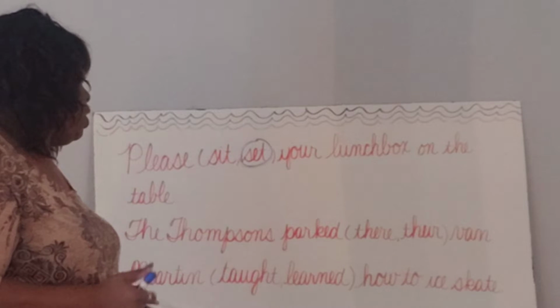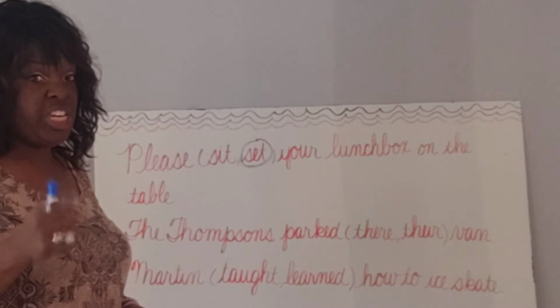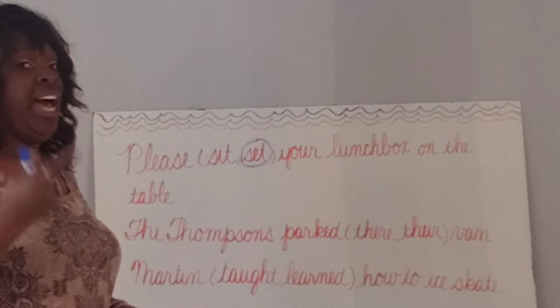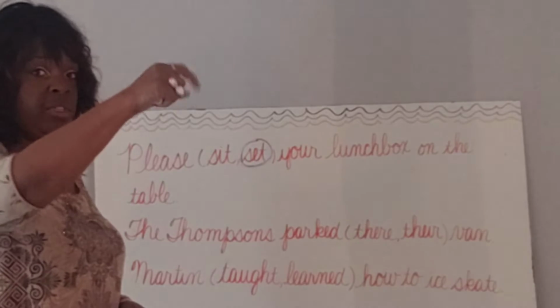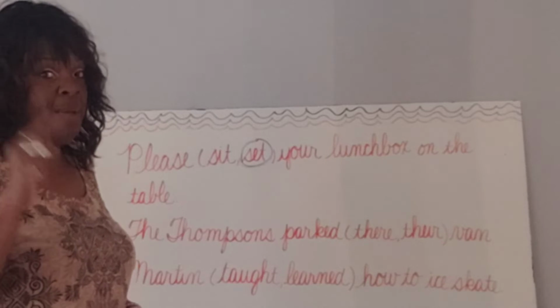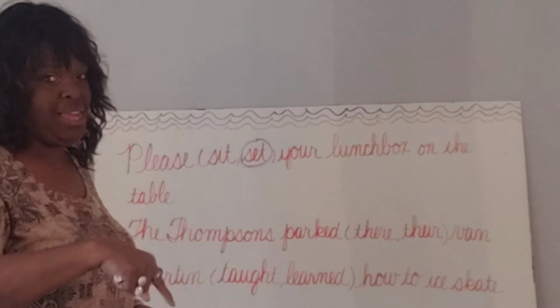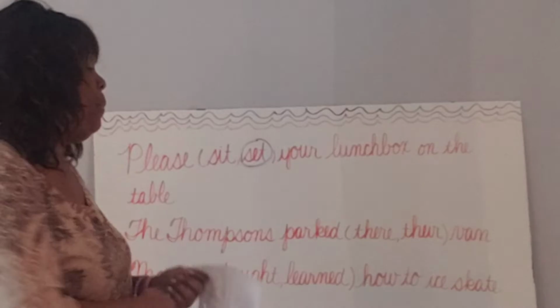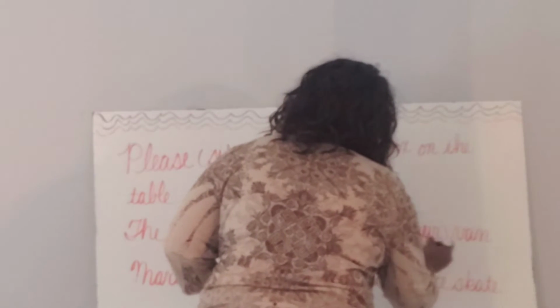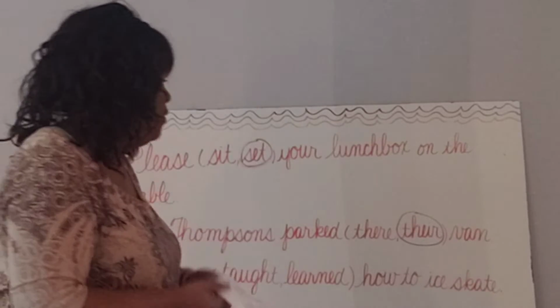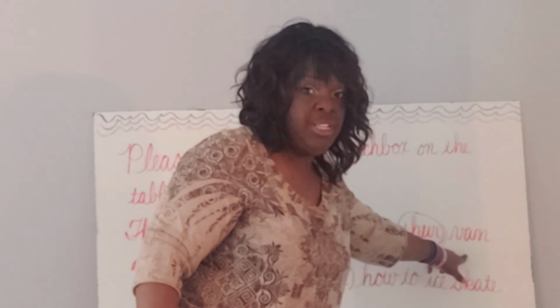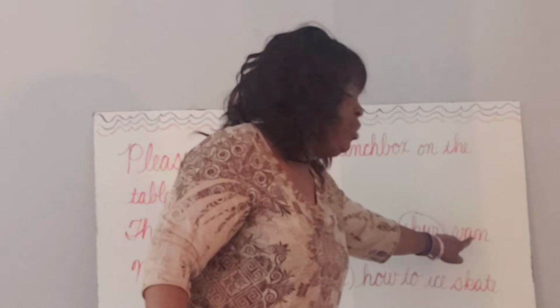The Thompsons parked their van, THERE or THEIR. Which one would it be? The Thompsons parked where the van, or the Thompsons parked the van that belongs to them? The van that belongs to them, so we would use THEIR. The I became a person, remember, because it shows ownership. When you have a noun afterwards, that shows that they own the noun.